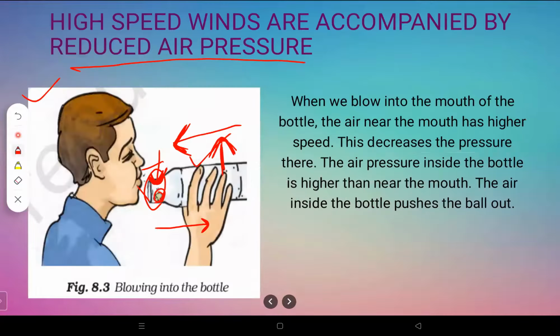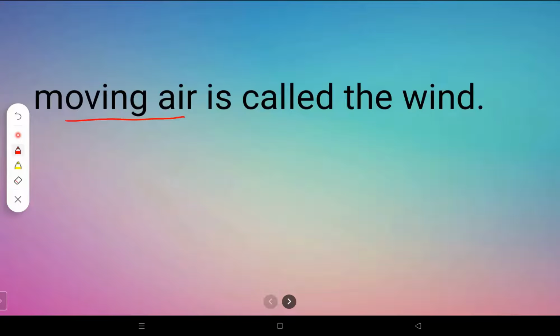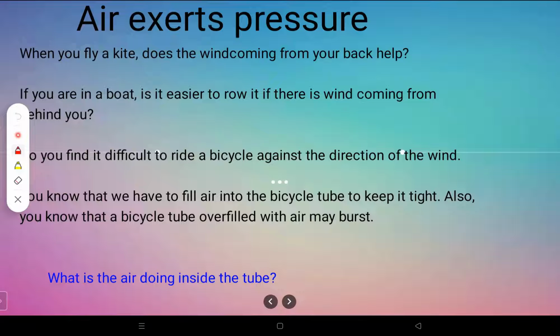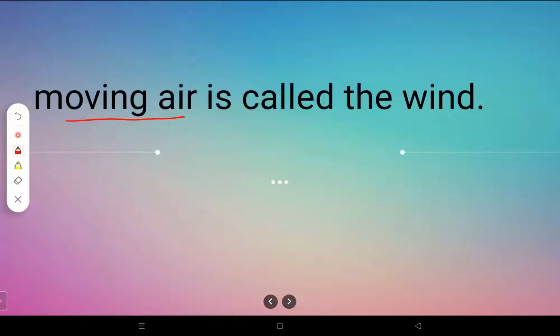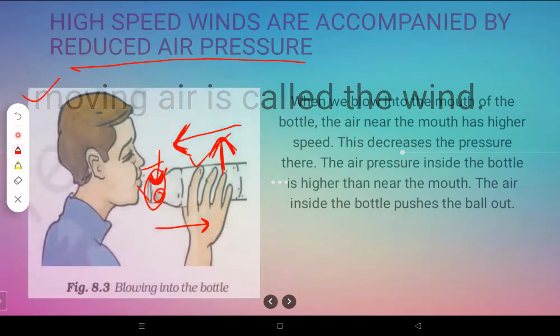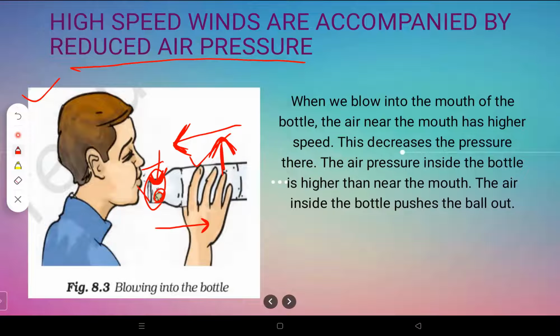The first thing we studied is that air exerts pressure. More the air speed, less the air pressure. Fine. More the speed, less the pressure.